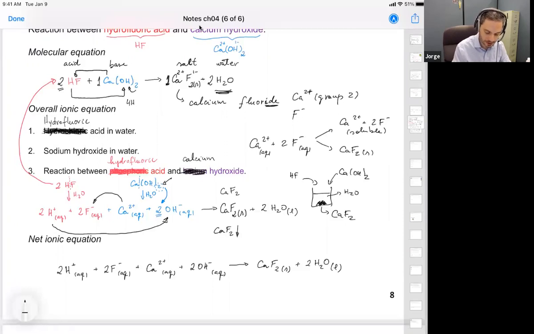From the solubility tables, we know that calcium fluoride is a solid in solution. So that's why I'm representing calcium fluoride as CaF2, okay, and not Ca2+ plus 2F-. And I have to indicate here the physical state for calcium fluoride.